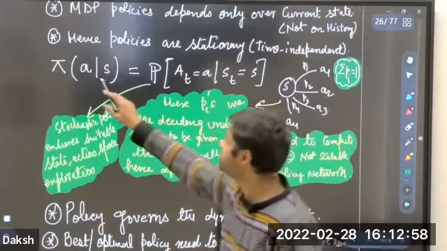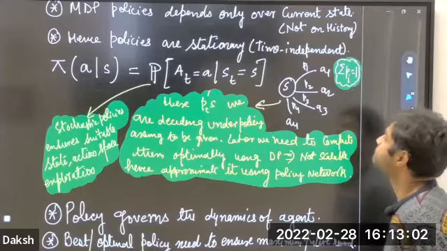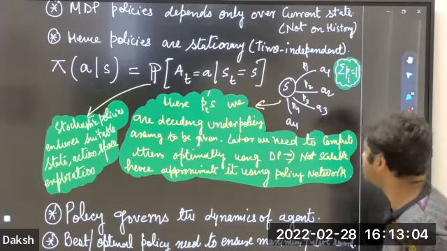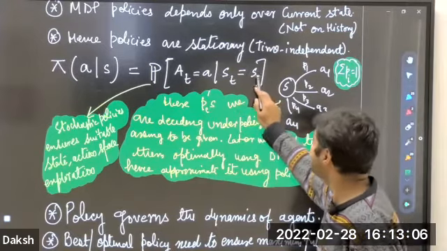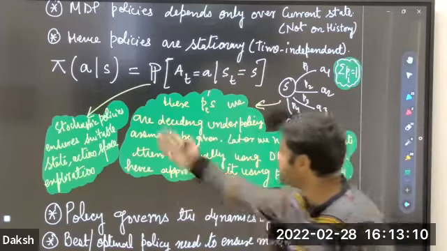Pi of A given S is the probability that at state S, the probability of taking action A. This is the stochastic policy.